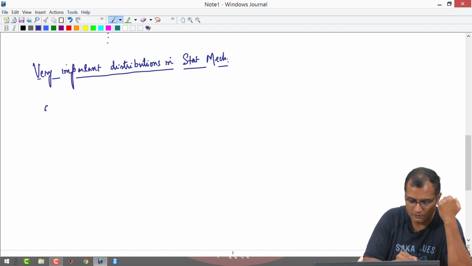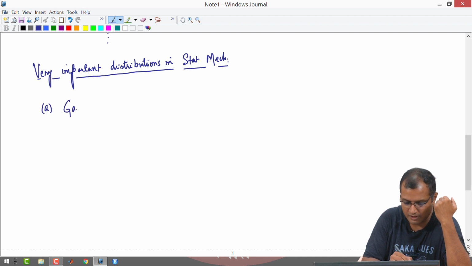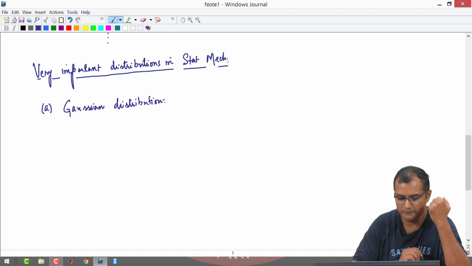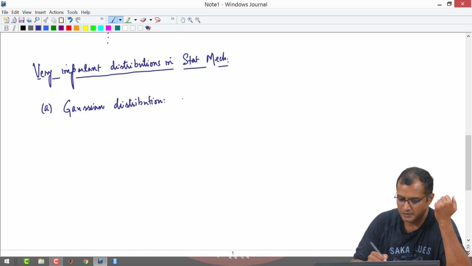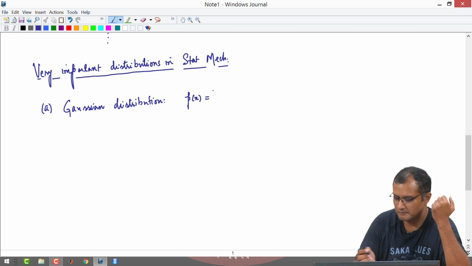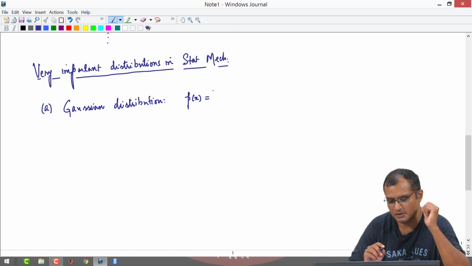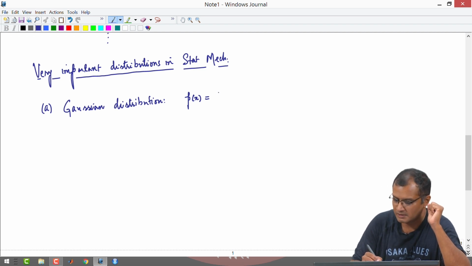So, my first distribution that I am going to discuss is the Gaussian distribution. Okay. So, this distribution is defined as, suppose x is a random variable distributed as a Gaussian distribution, then it is defined as e to the power minus a x square.